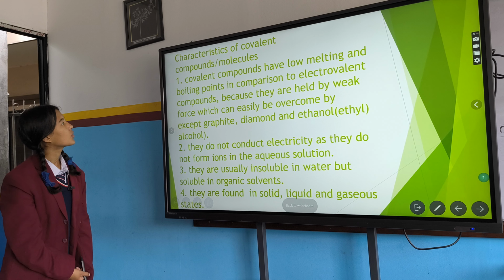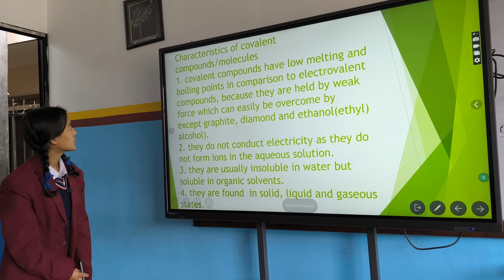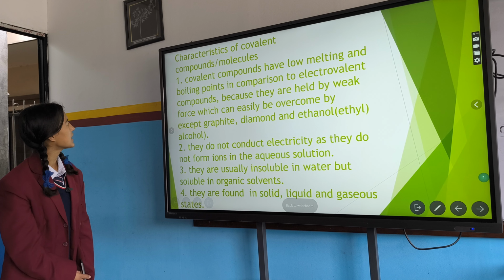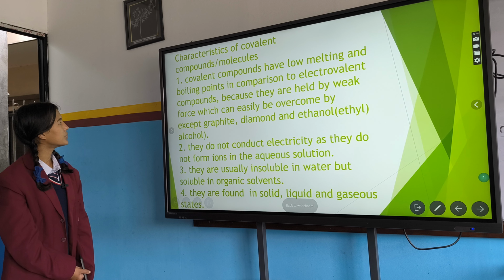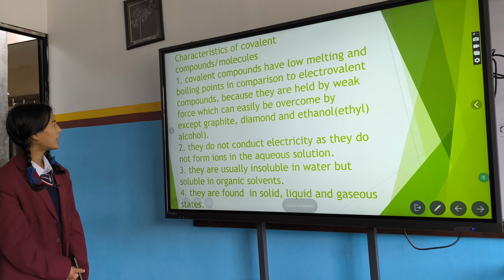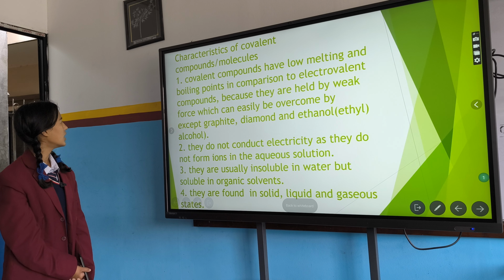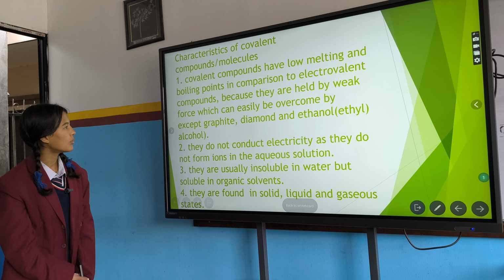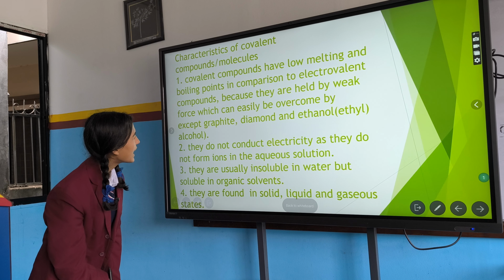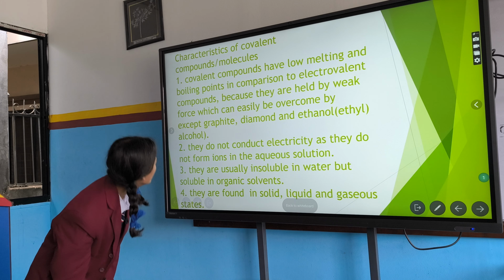Characteristics of covalent compounds or molecules. Number 1, covalent compounds have low melting and boiling points in comparison to electrovalent compounds because they are held by weak forces which can easily be overcome, for example graphite, diamond and ethanol.